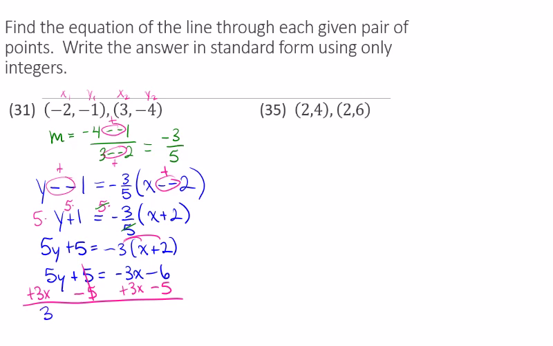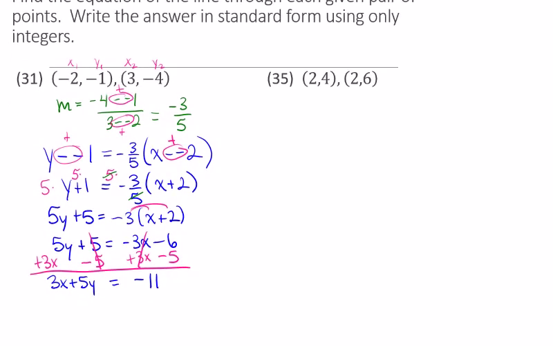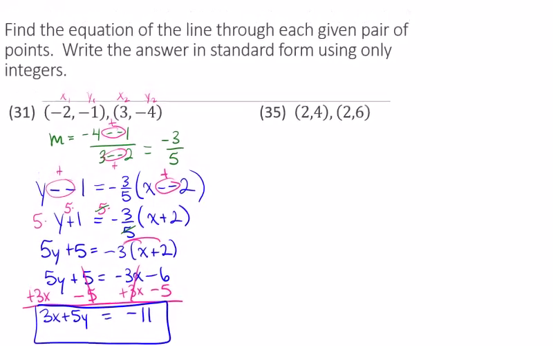So we get 3x plus 5y equals, and then these cancel out, and -6 minus 5 is -11. All right, and that's it. So we have a positive x coefficient, and then we have a, b, and c all integers, no fractions, no decimals. So that's standard form.